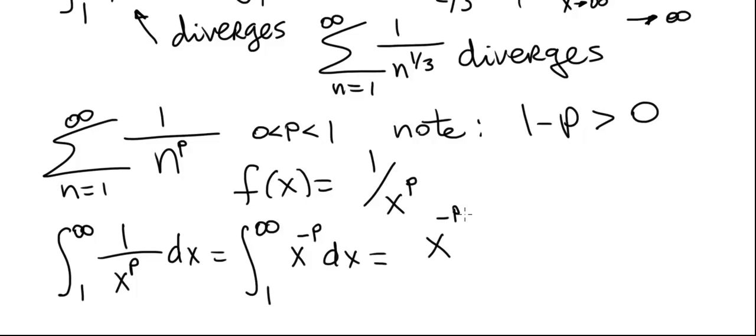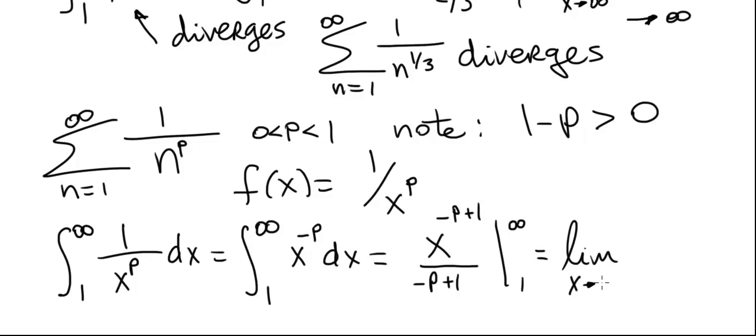So this is x to the minus p plus 1 divided by minus p plus 1, evaluated from 1 to infinity. So this is equal to the limit as x approaches infinity of x to the 1 minus p divided by 1 minus p, and then when we plug in 1 for x, that gives us minus 1 divided by 1 minus p.